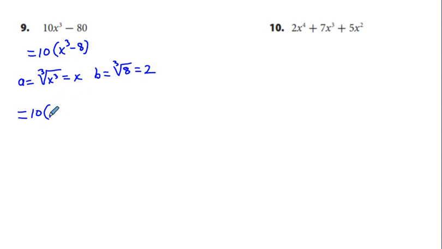Well, that's going to be x minus 2 times the quantity a squared, which is x squared, and we're going to have plus ab, which is 2x, and finally we're going to have plus b squared, and 2 squared is 4. So this is going to be our factoring for problem 9.